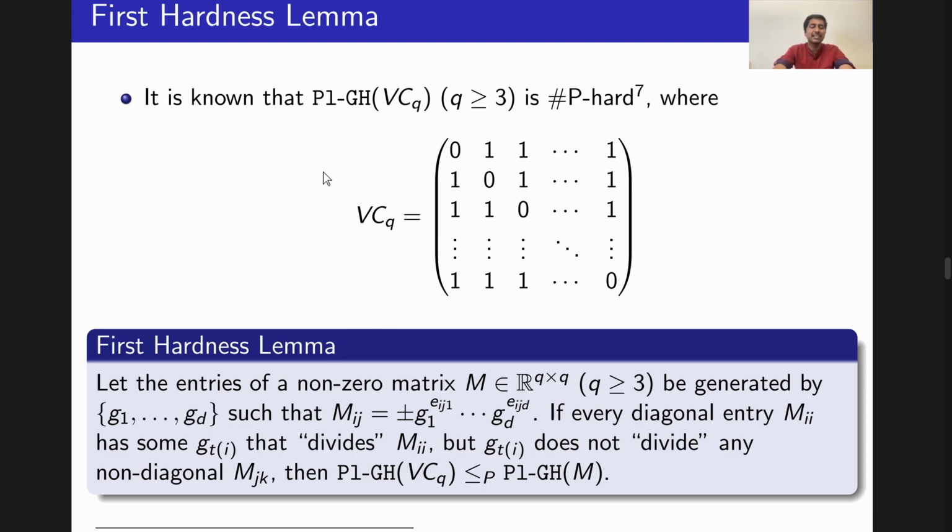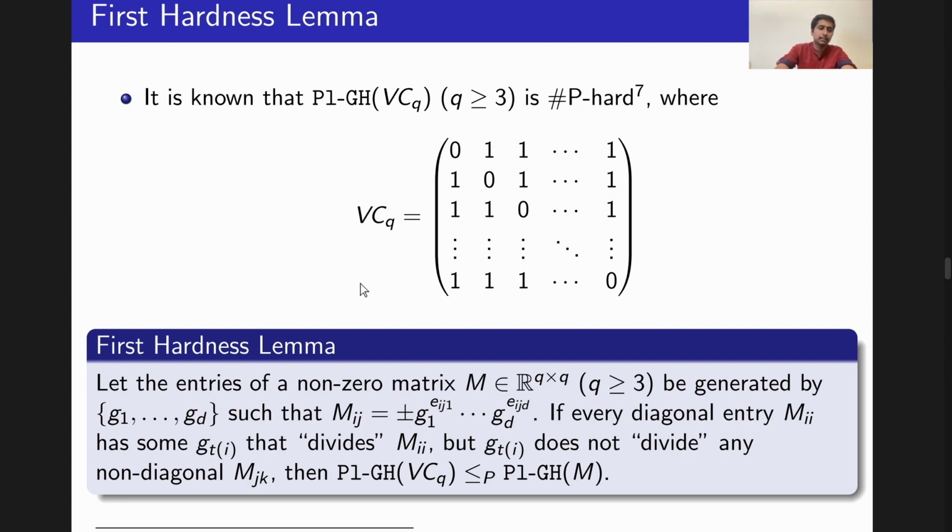We're going to use the lemma that I just showed, as well as the fact that planar GH of the q-vertex coloring problem is known to be #P-hard. If you take a look at the matrix VC_q, you know that all the diagonal entries here are zeros, and all the non-diagonal entries here are 1.